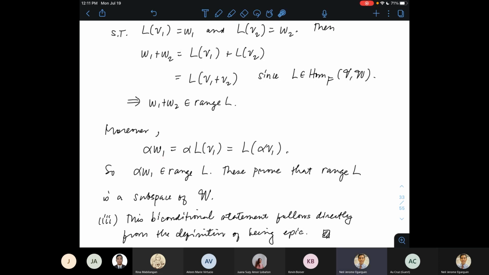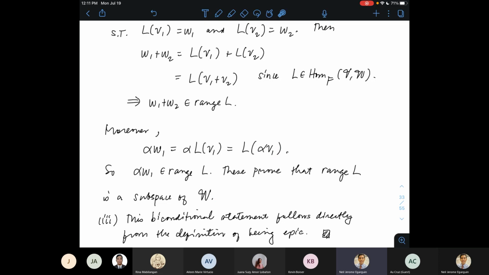And then I'll use the linearity of L. That means the scalar alpha can go inside the linear map L. So that means this guy is equal to L of alpha V1. And what have we shown here? We have shown that the scalar multiple alpha W1 is the image of alpha V1 under L. So that means alpha W1 is in the range of L, proving that the range of L is indeed the subspace of W. Okay.